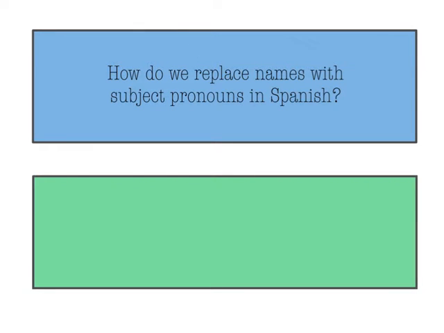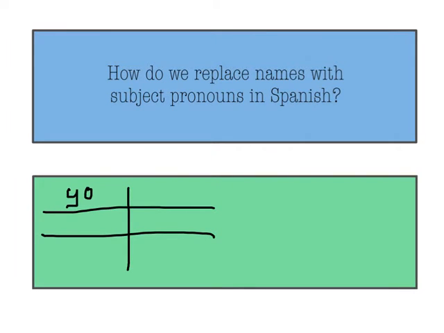So at the beginning of the video, we asked, how do we replace names with subject pronouns in Spanish? And this whole video has been about that. I know it's been a lot of information, but I want you to write down just a couple things here. First, I want you to make your little chart. So we're going to have yo, tú, usted, él, ella. Make sure you have that accent on él because otherwise it means the.